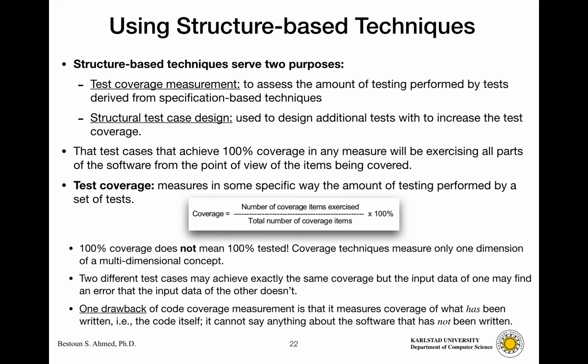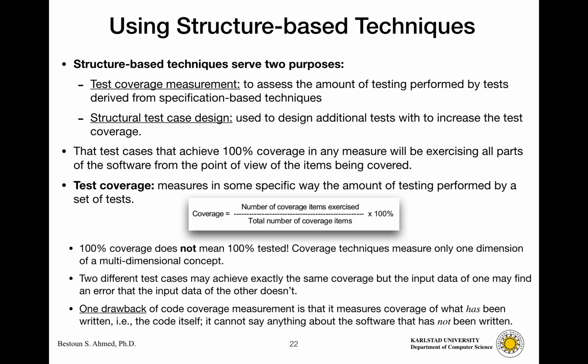One drawback that we have for code coverage, of course, is that it measures coverage of what has been written. So the code itself, and it cannot say anything about the software that has not been written. So basically, we can say that we have covered 100% of lines of code, but maybe these 100% of the lines of code are incomplete.